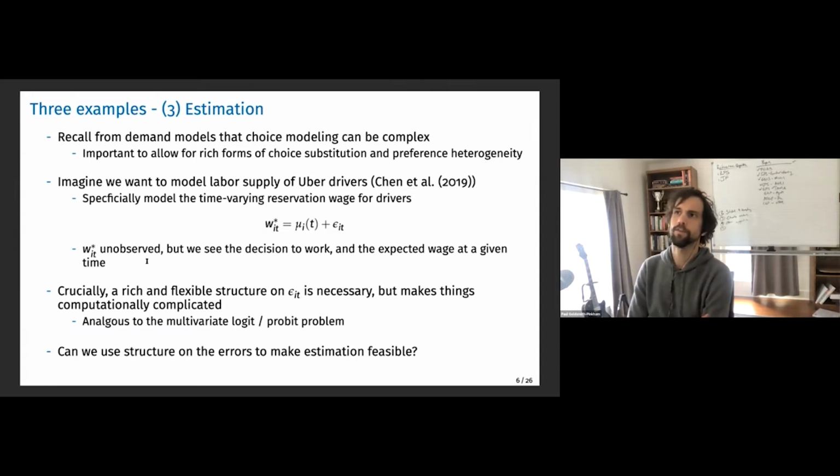So, when we were thinking about demand models, the idea was that we wanted flexible ways of modeling choice. Remember we had that problem about the independence of irrelevant alternatives, and we talked about what we can do in the error term of our demand system to allow for better substitution patterns.